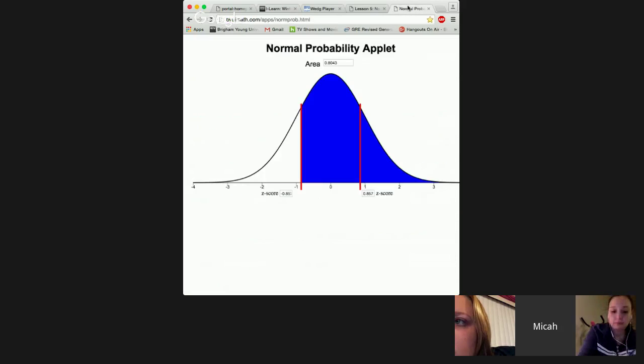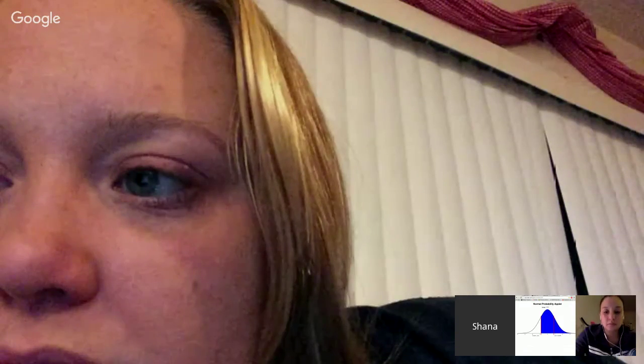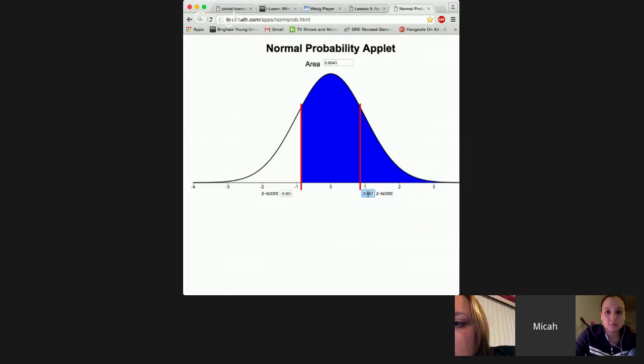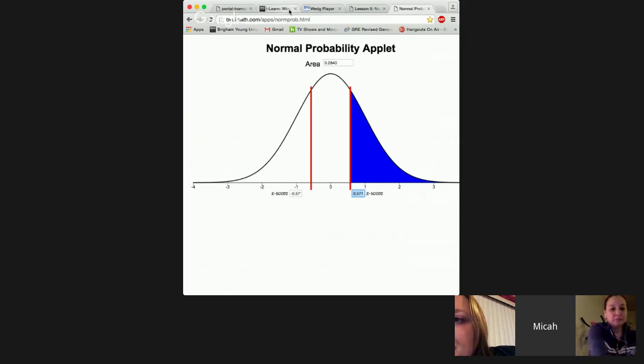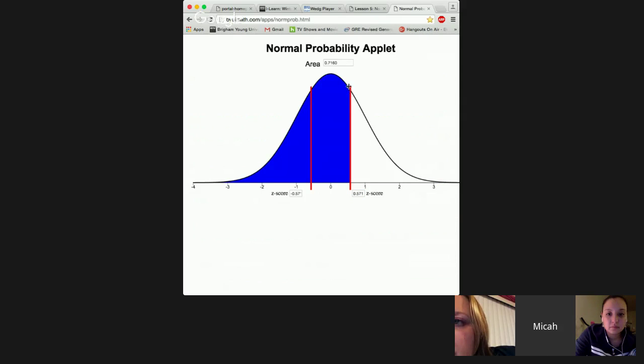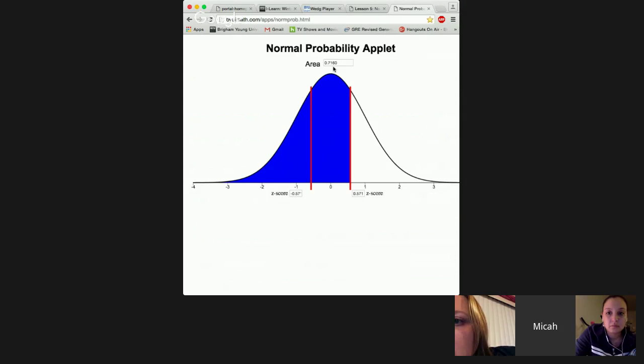So then what would you do after that, once you have that? So you put in the positive z-score? Yep. So it's 0.571. You hit enter, and the question asked will be less than. So which side would we want? We want this side highlighted because we want everything less than that positive z-score. Yeah. So that's just saying that 71%, or 0.716.